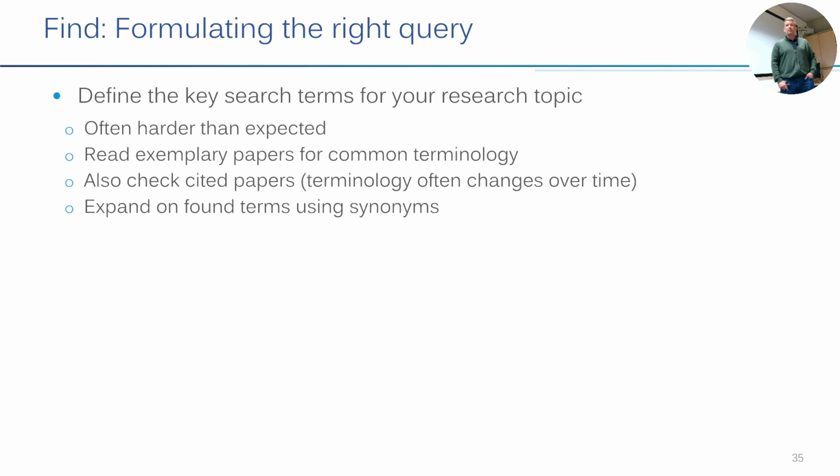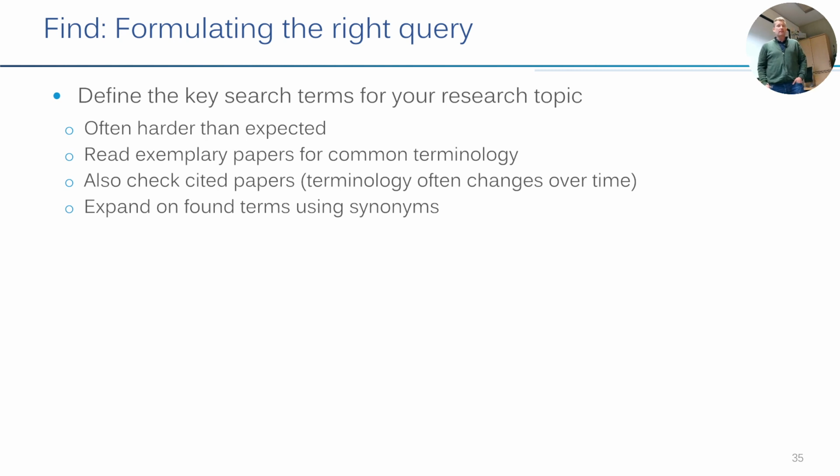So it's a very good idea to read the abstracts of some papers that get retrieved when you type in the broad keywords, to get an idea of the more specific terminology to get down to the part of the research that I'm actually interested in.